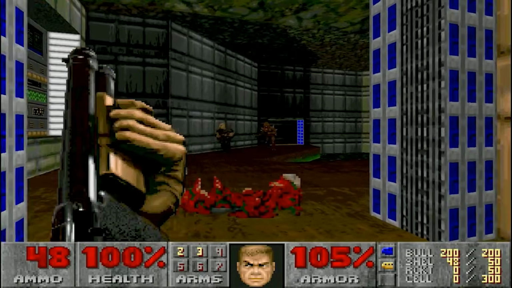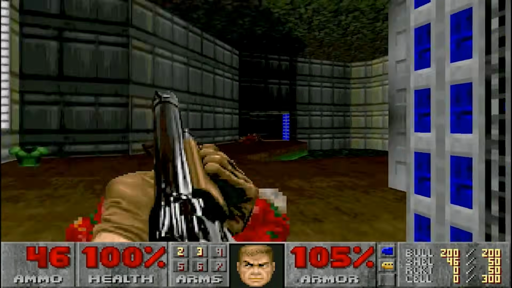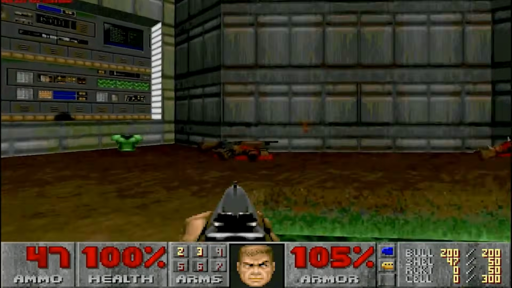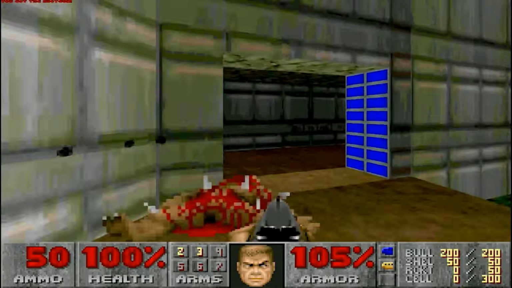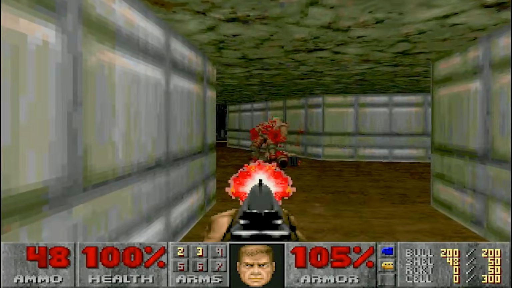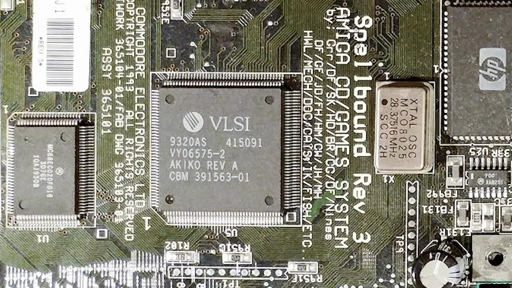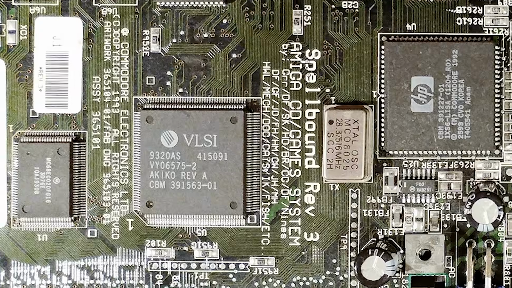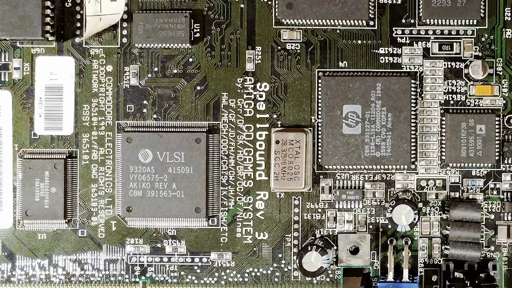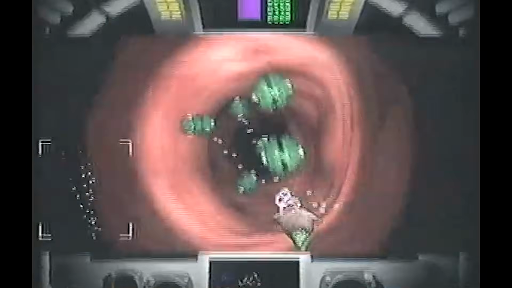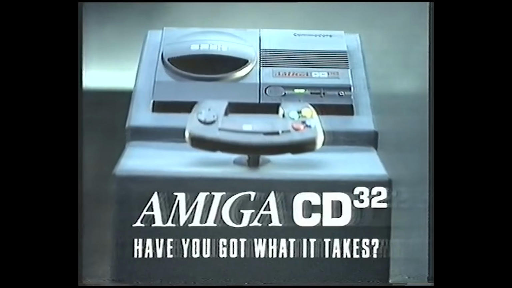In fairness, Commodore realised their hardware was deviating from where the gaming industry was heading in the early 1990s, and with the success of games such as Wolfenstein 3D and Doom, they introduced the Akiko chip to the CD32 console to provide limited hardware acceleration to the process of converting PC or Mac style chunky graphics to the Bitplane format. Unfortunately, it was too little too late, and to this day many Amigas don't natively have chunky graphics support.